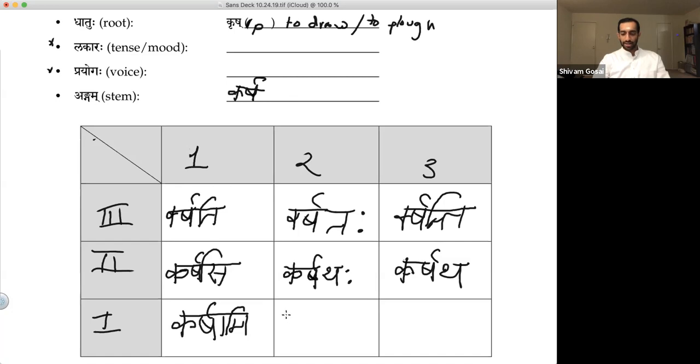Okay, so then this one also. Karsha. Is it vaha or maha? Vaha. Okay. And karshamaha.